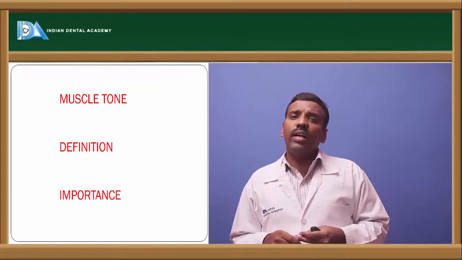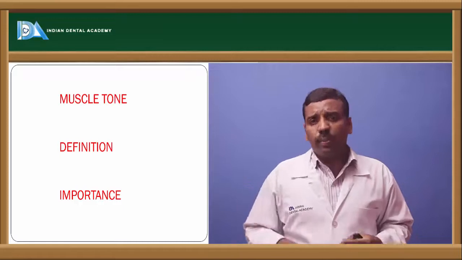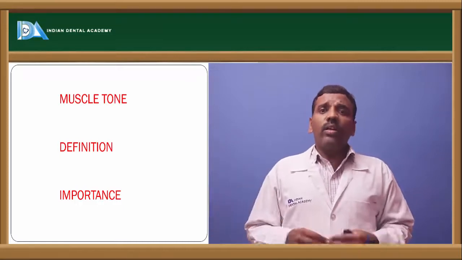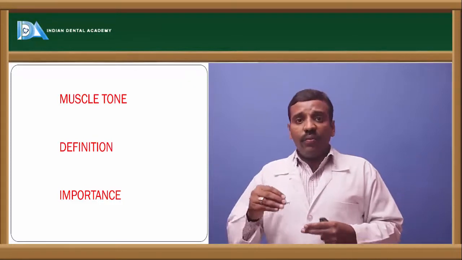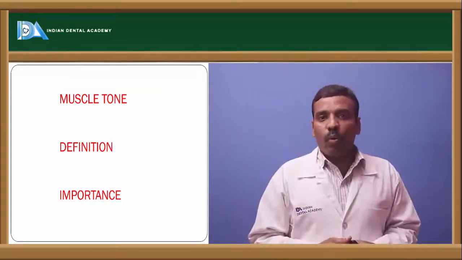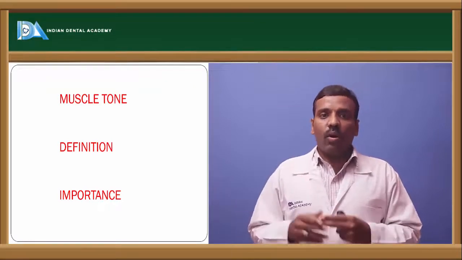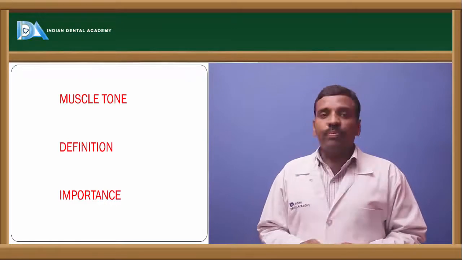Hypotonia is when we apply a normal stimulus and the muscle still won't react properly. Such a muscle tone is called hypotonia, and when we apply a normal stimulus and it gives more and more response, that type of tonicity or muscle tone is called hypertonia.